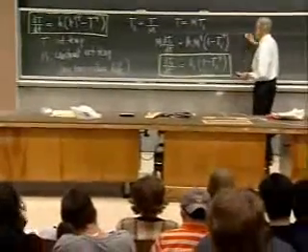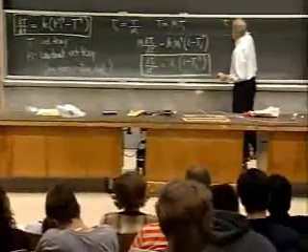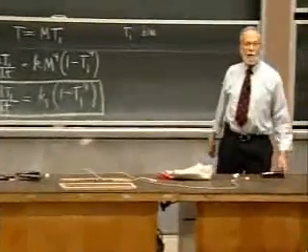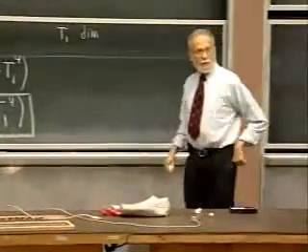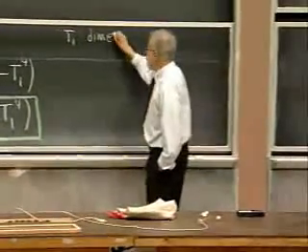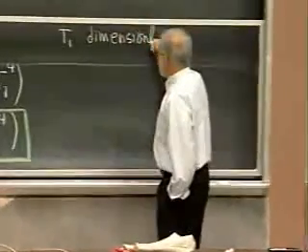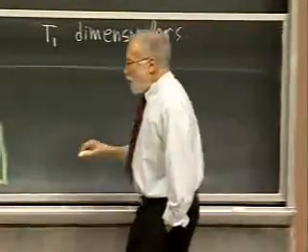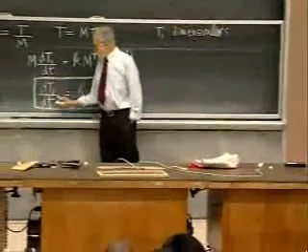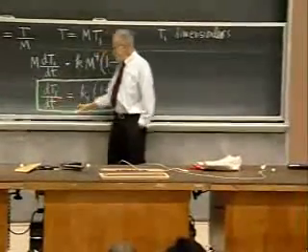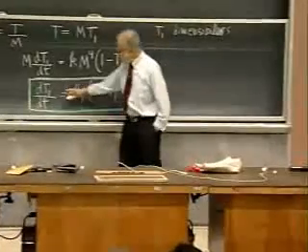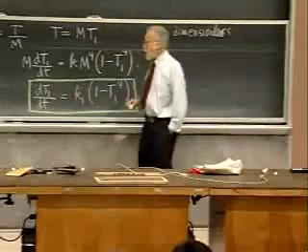Notice, T1 is now dimensionless, so when I solve this equation I don't have to ask, oh, please tell me what the units of temperature are. How are you measuring temperature? It makes no difference to this equation. k1 still has units. What units does it have? It's been simplified because, since this is dimensionless and this is dimensionless, it has the units of inverse time.